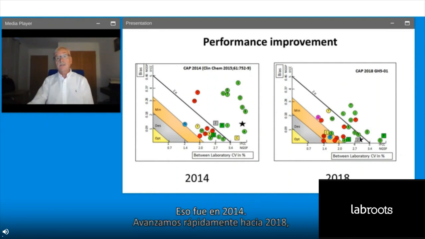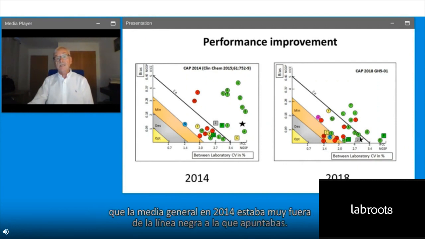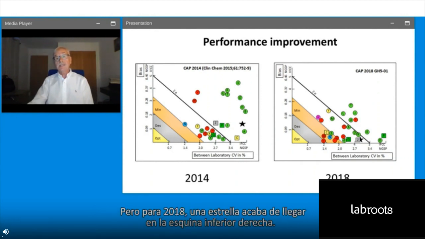That was in 2014. We move swiftly forward to 2018, and we can see here there's been a marked improvement. You can see here from the star that the overall mean in 2014 was way outside the black line you're aiming for. But by 2018, the star has just crept in at the bottom right-hand corner.